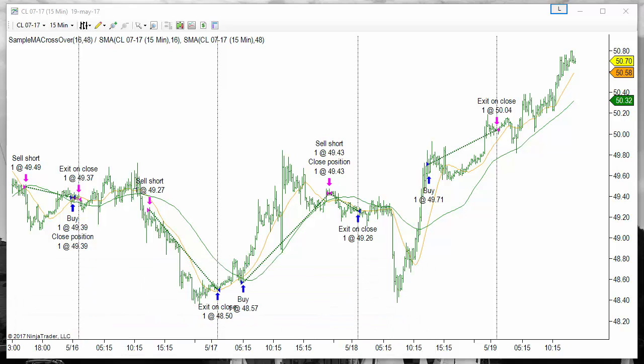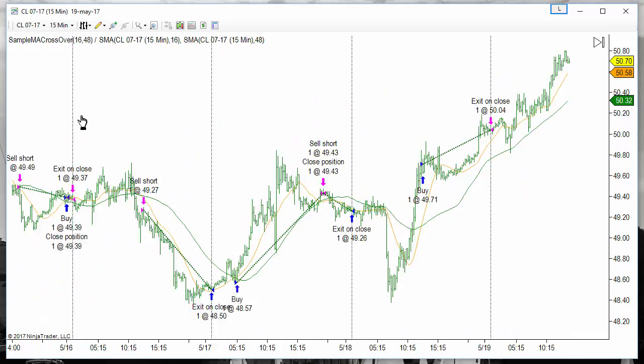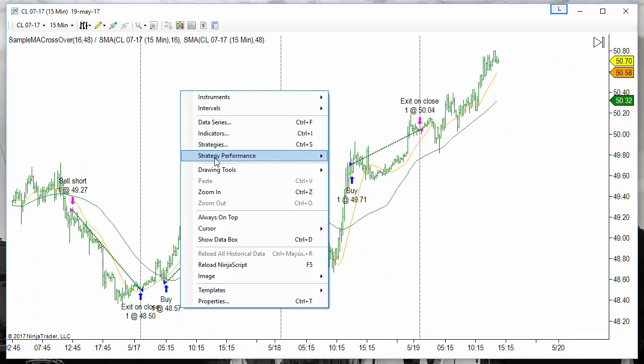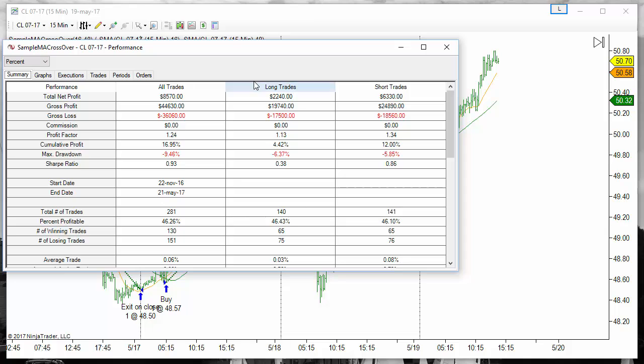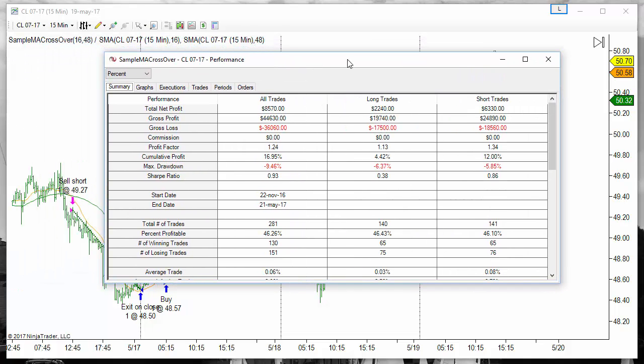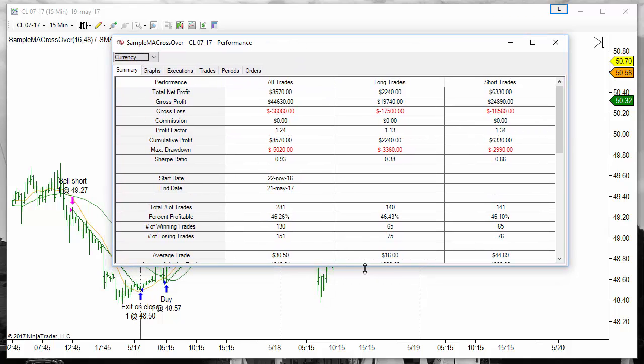From both places it can be enabled or disabled. We can also get the performance of what we have on the chart with strategy performance on historical, and on this report we can change it to currency.